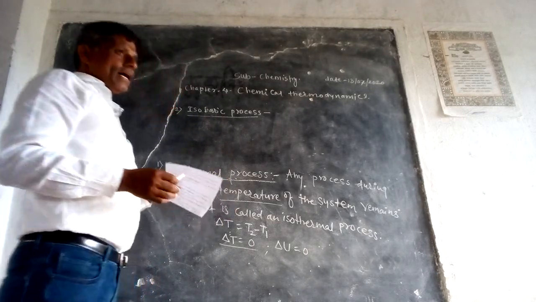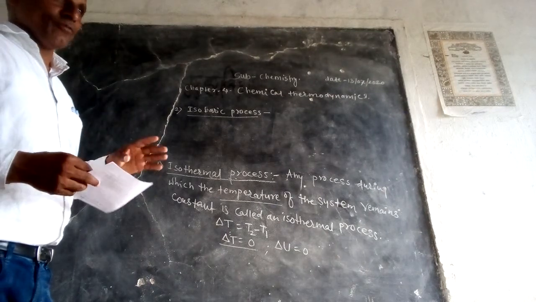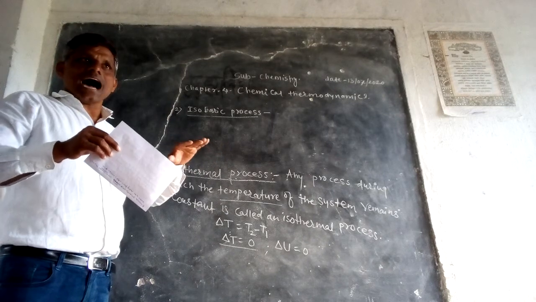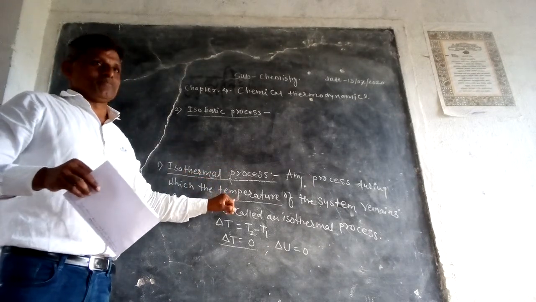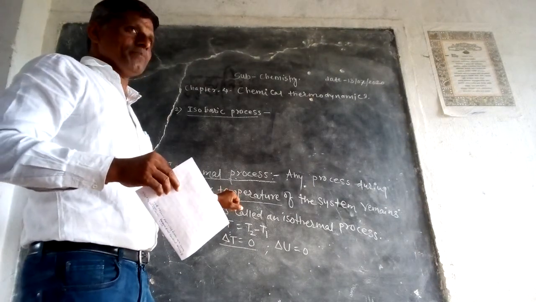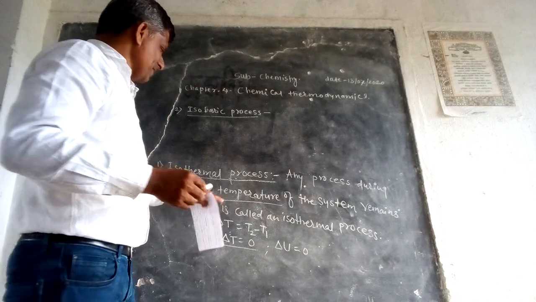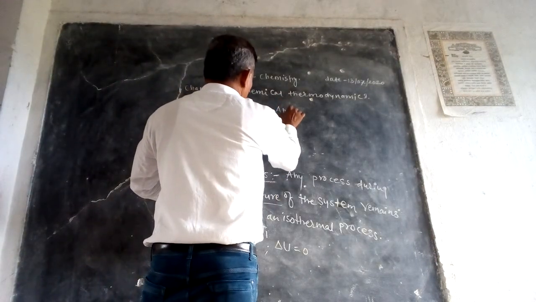So here we are writing down a few definitions, and you will find the magic that the definitions are equally the same except for one word. Only this one word changes, and the process changes, the definition changes. Here I am writing the same definition.